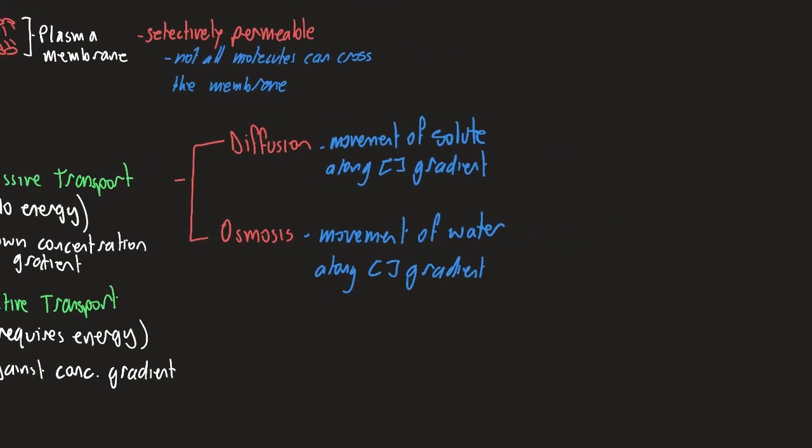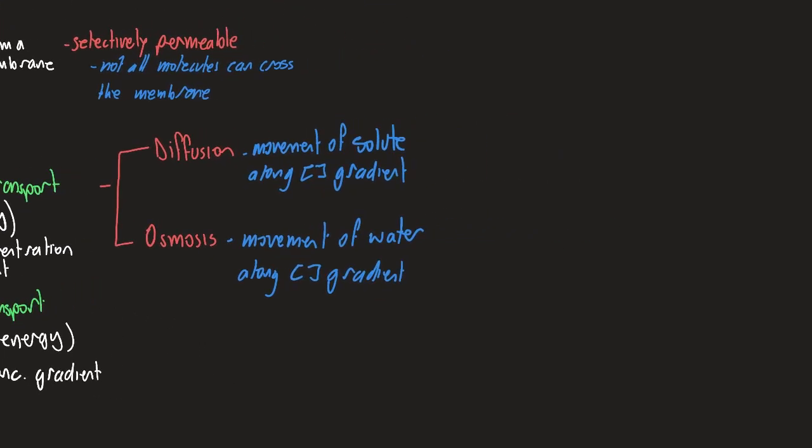Just before we do, we can divide diffusion one more time. We have simple diffusion, which requires no assistance at all. It's purely a passive process. So it's unaided. This happens for very small particles that don't have a charge.